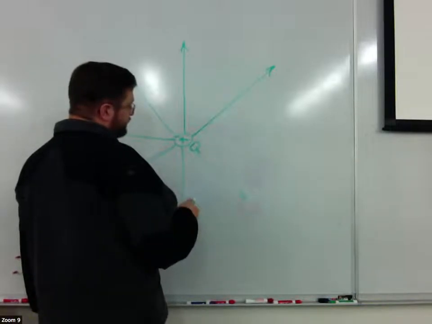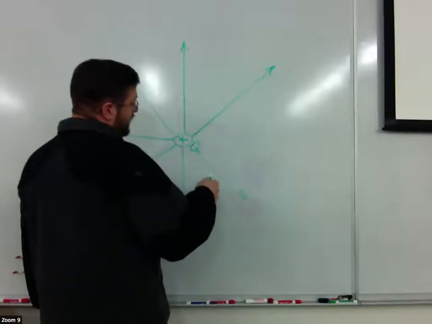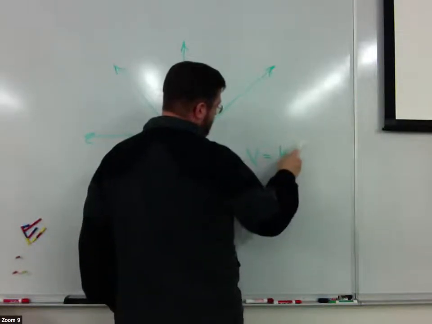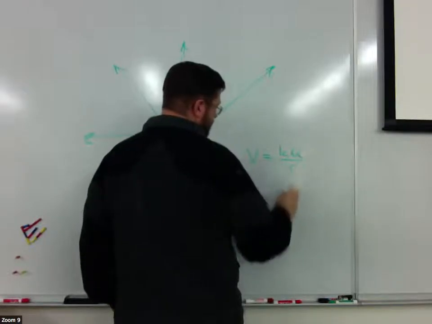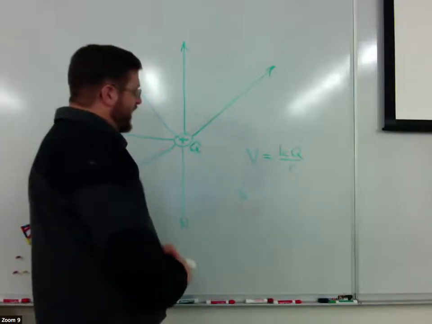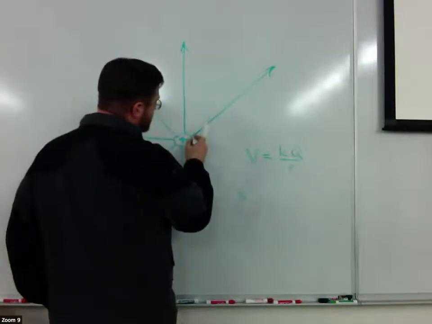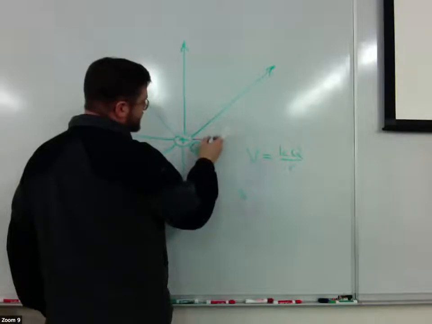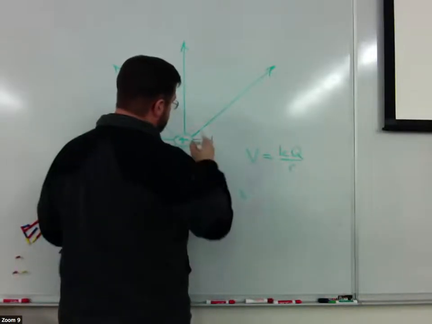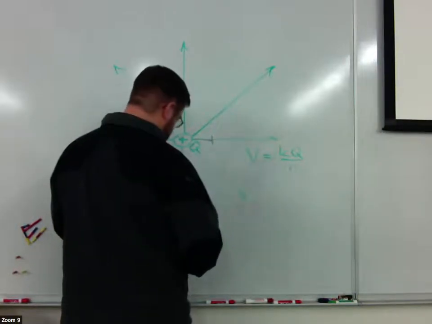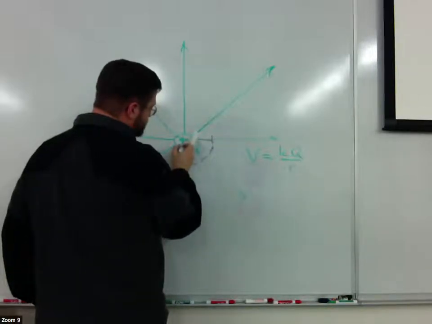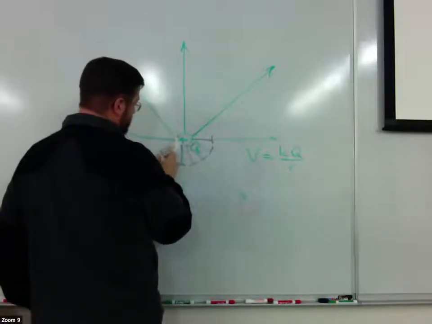But anyway, if I calculate the potential, V equals KQ over R, I get something very different, very interesting. At every distance R away, so let's say 1 meter away, let's say that this is 1 meter away. At 1 meter distance away, everywhere around the charge, so 1 meter this way, 1 meter this way, 1 meter this way, 1 meter this way, I get the same voltage.